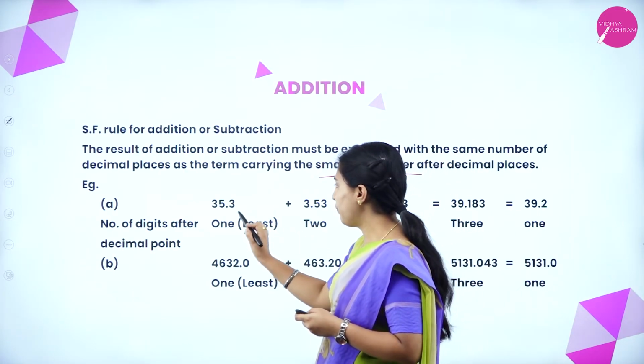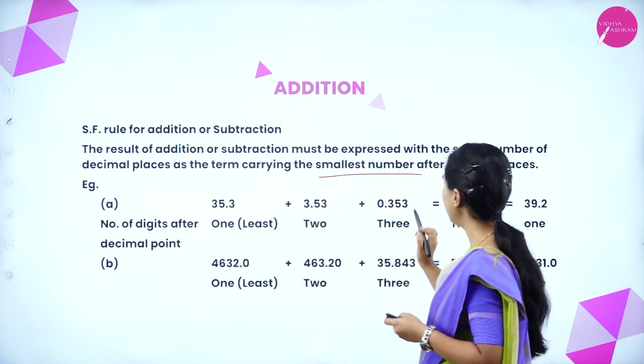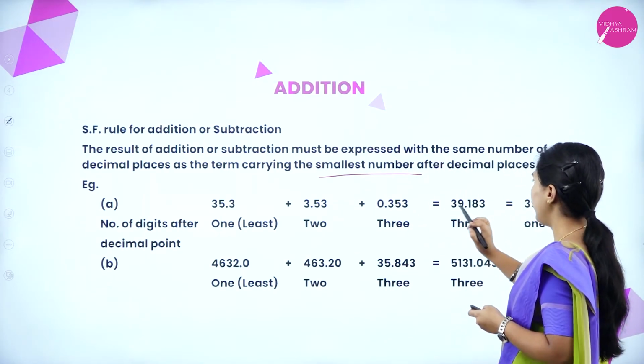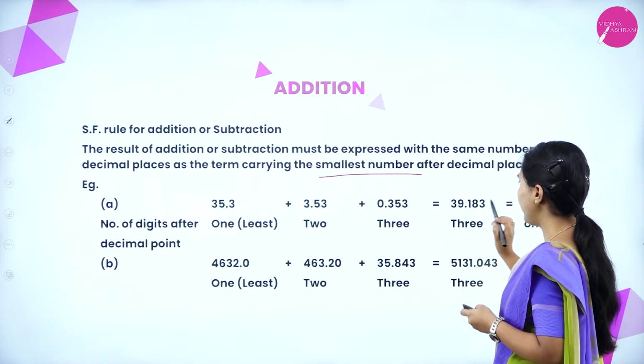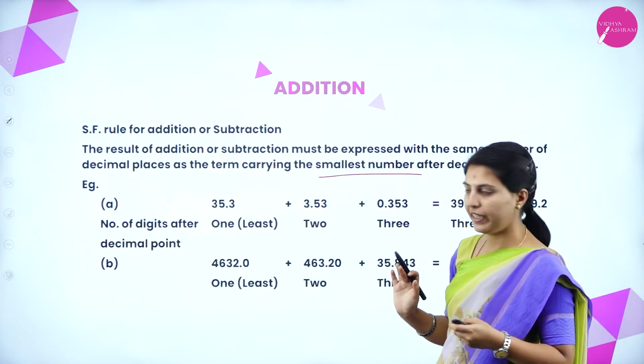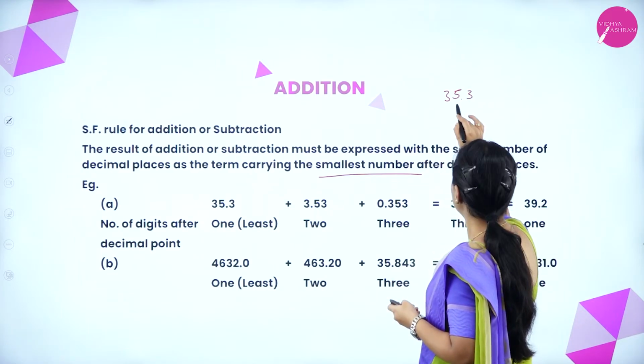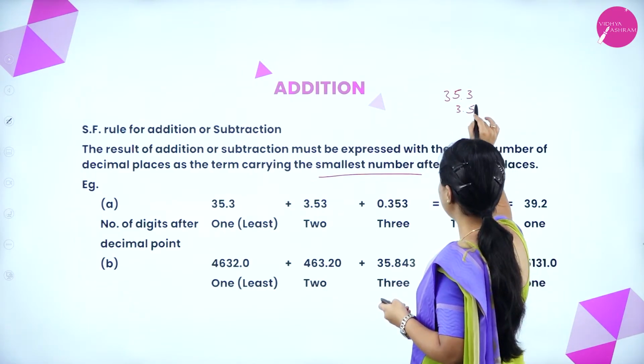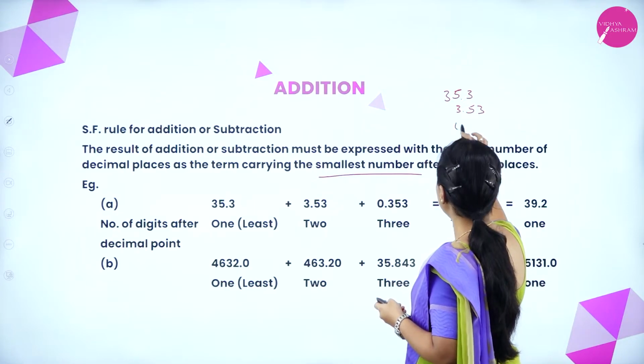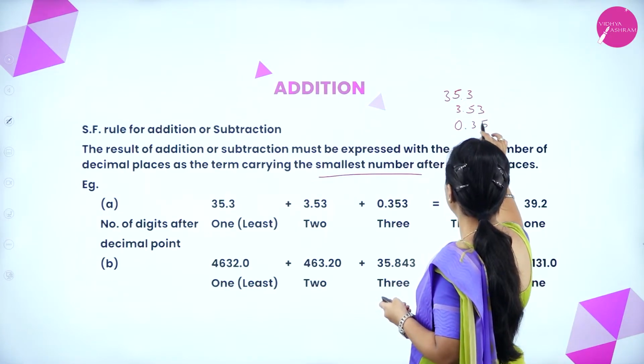See here, 35.3, 3.53, 0.353, it will be equivalent to 39.183, a normal addition technique. How will you do it? 35.3, 3.53, 0.353.